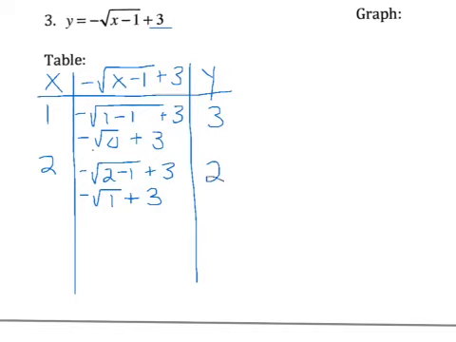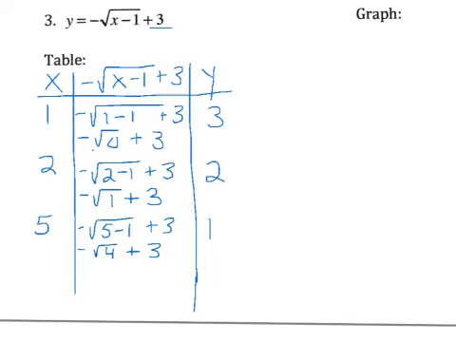The next number I'm going to plug in is 5. If I plug in a 5, I'm going to be taking the square root of 4. The square root of 4 is 2 times a negative is negative 2. Negative 2 plus 3 is 1.